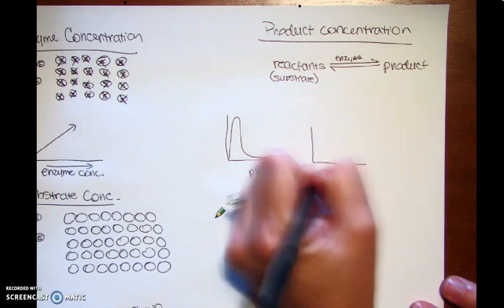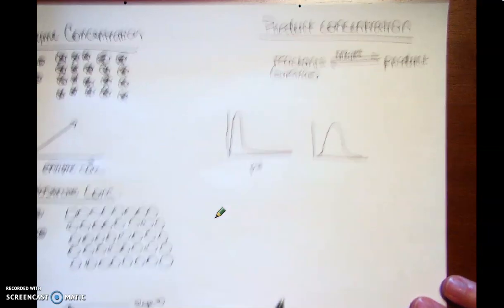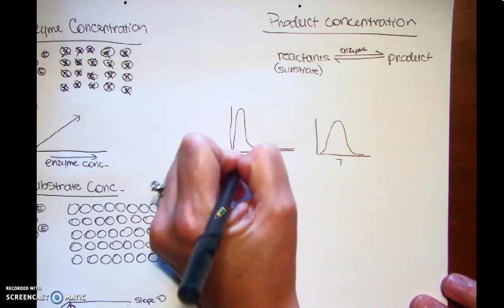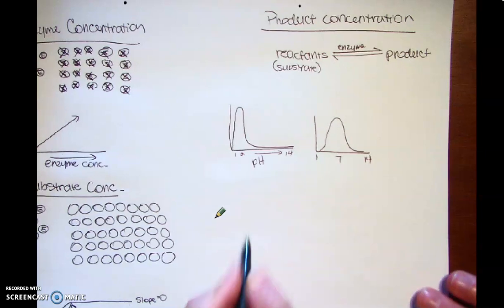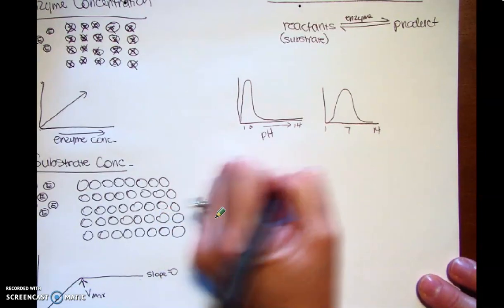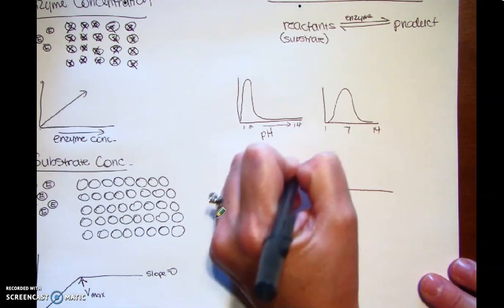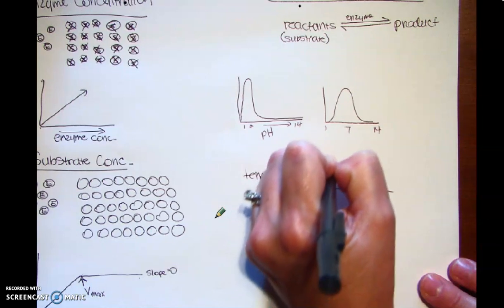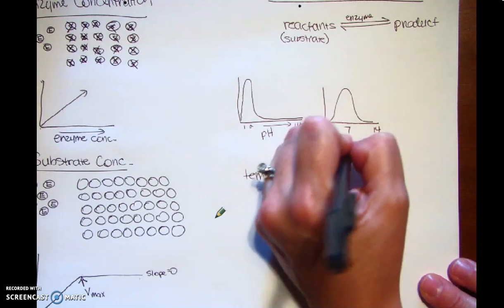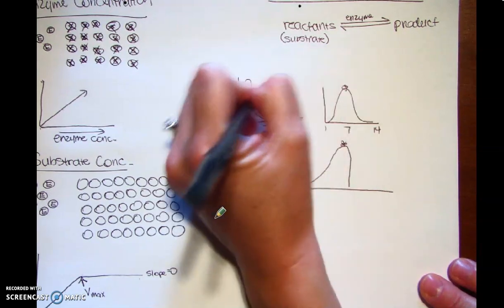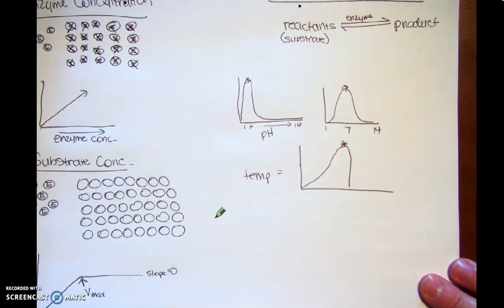If it's a neutral enzyme, you're going to see it peak around 7, on a scale of 1 to 14. If it's temperature, what you're often going to see is it rise, get near its optimum temperature, and then pretty much crash. So up here, these are your optimums: optimum pH, optimum temperature.